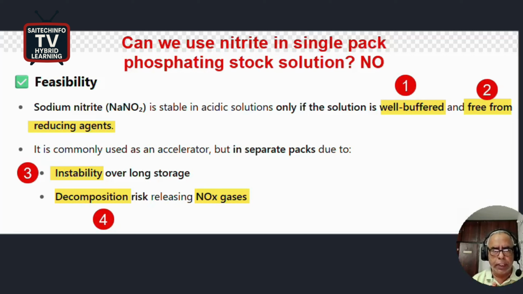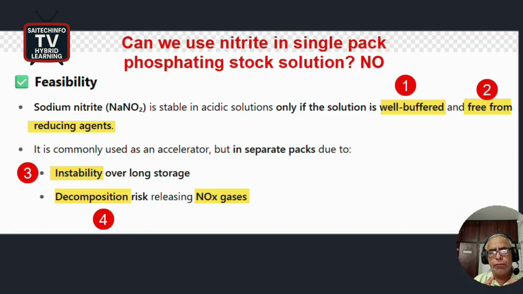First of all, let me check the feasibility. If I agree that sodium nitrite can be used, it should be stable in acidic solutions. And in such a way, the solution should be well buffered and totally free from any reducing agents. It is commonly used as an accelerator as a separate pack. Do you know the reason for this?